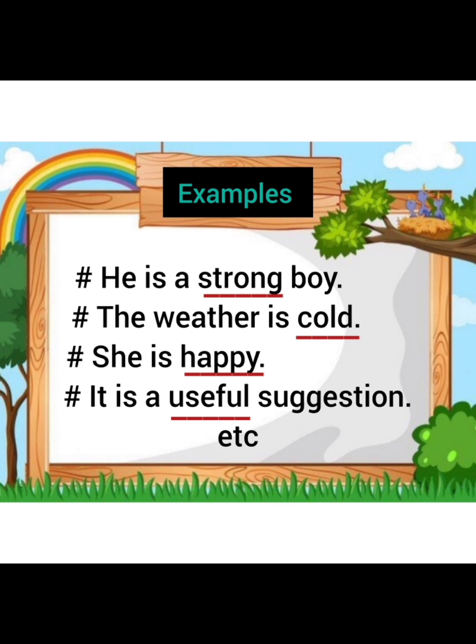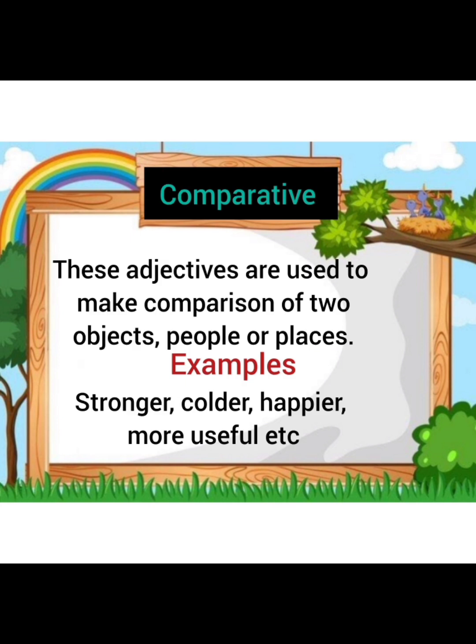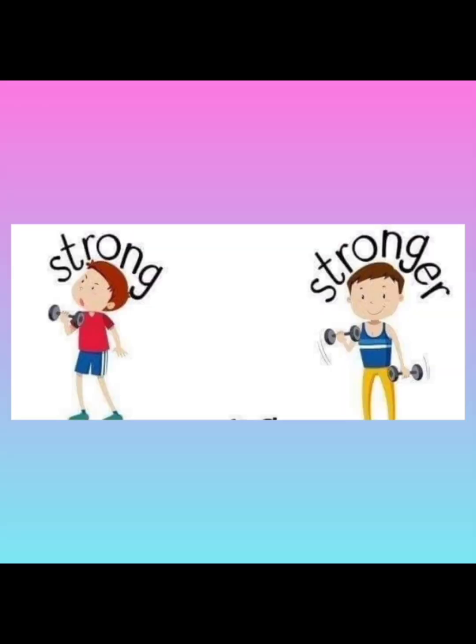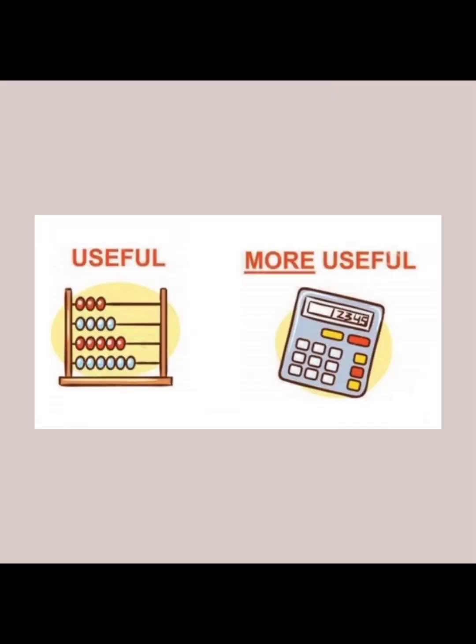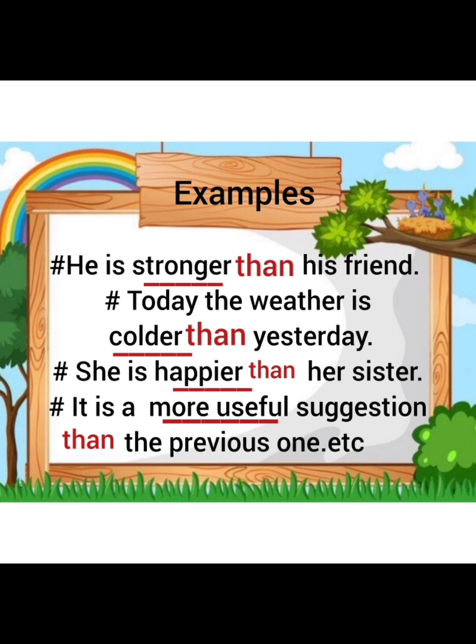Now I'll move on to the comparative adjectives. As with the name, it is very obvious that there is a comparison. So these adjectives are used to make comparison of two objects, people or places. For example, stronger, colder, happier, more useful, etc. Examples: he is stronger than his friend.